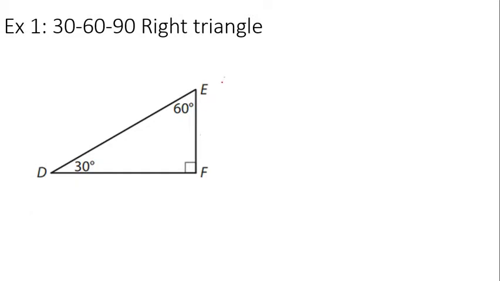So we're going to start off with the 30-degree. The side across from the 30-degree, we're going to call that x. So that value is x. Okay. Now the hypotenuse, we're going to say that's 2x.